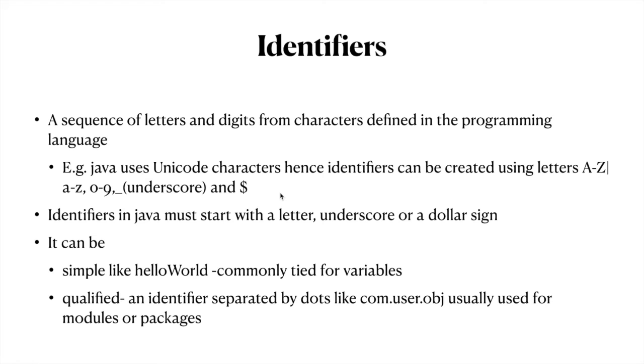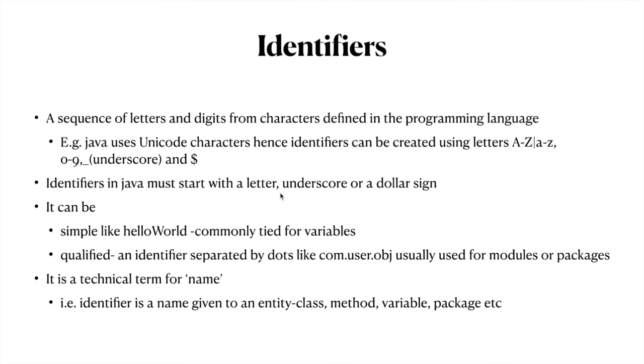We will discuss what packages are in Java, and usually they are separated with a period or dot. So we can use simple or qualified names. We can qualify names of variables too, but it is advised that they be simple and meaningful as well.